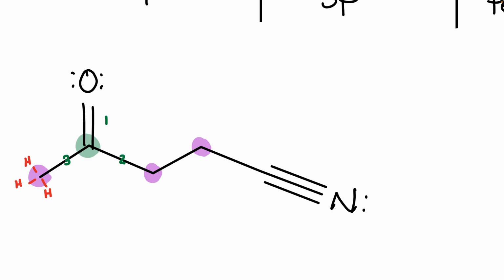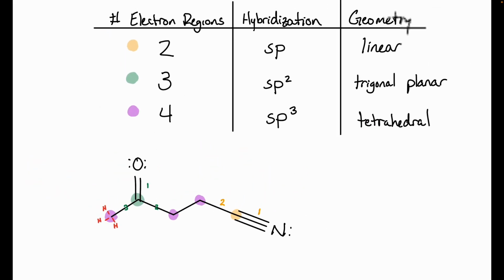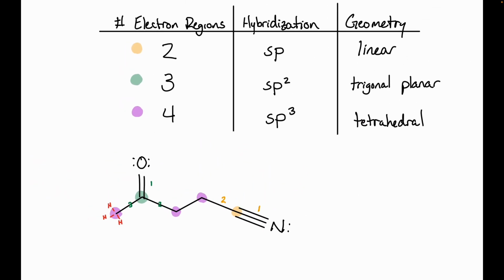This triple bond still just counts as 1 electron region, a bond of any order, plus the single bond on the other side. So indeed, this is sp hybridized with a linear geometry. And you can see I drew my triple bond correctly because I drew it in that linear geometry. We have to draw our triple bonds with that linear geometry because that's the correct shape of that molecule.